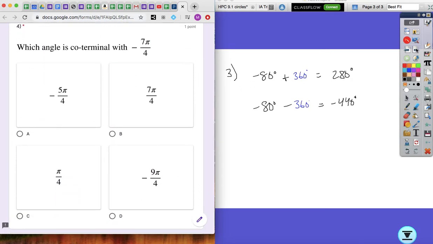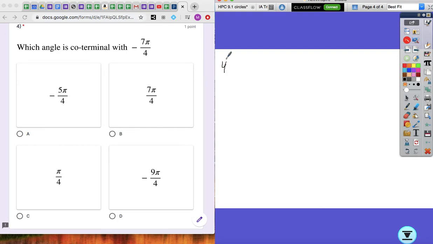All right, back to radians again. We're starting with negative 7 pi over 4. I'm going to either add 2 pi or subtract 2 pi. And again, those are over 1. And I need a common denominator if I'm going to add or subtract my fractions.